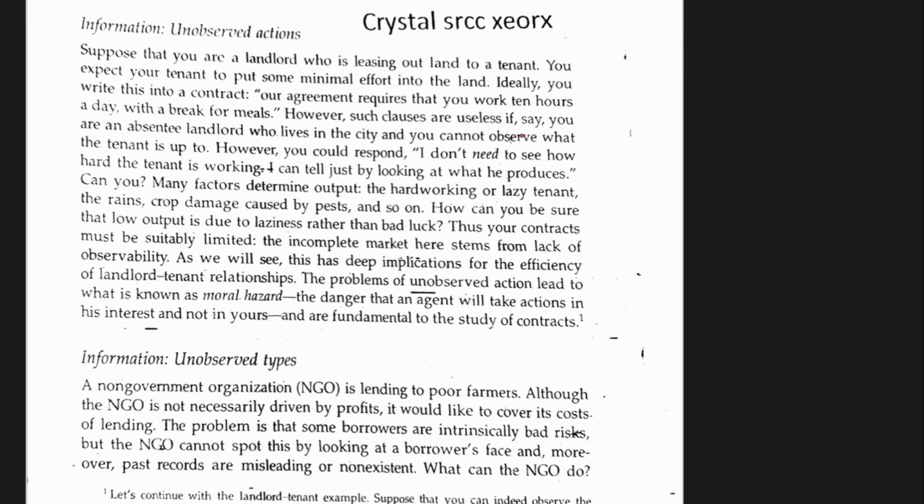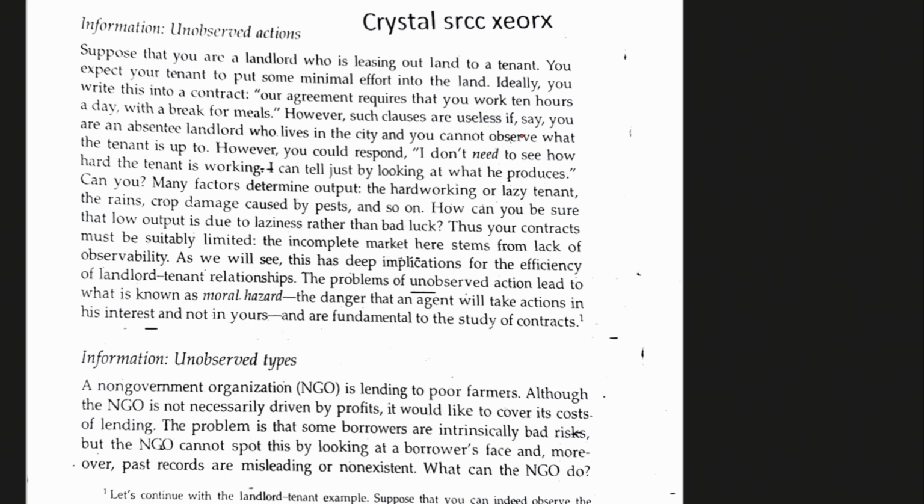Consider several examples. Information: unobserved actions. Suppose that you're a landlord who is leasing out land to a tenant. You expect your tenant to put some minimal effort into the land. Ideally, you write this into a contract: our agreement requires that you work 10 hours a day with a break for meals.